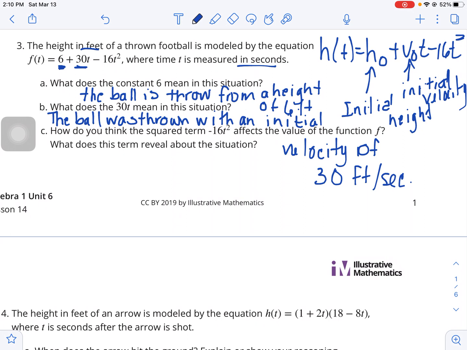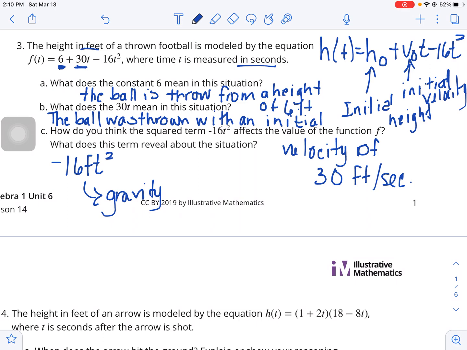And then how do you think the squared term affects the value of the f? So what does this term reveal about the situation? The negative 16t squared is gravity, and that's pulling that object, the football, down. So it reveals that we're talking about something measured in feet, because that's where the 16 comes from.